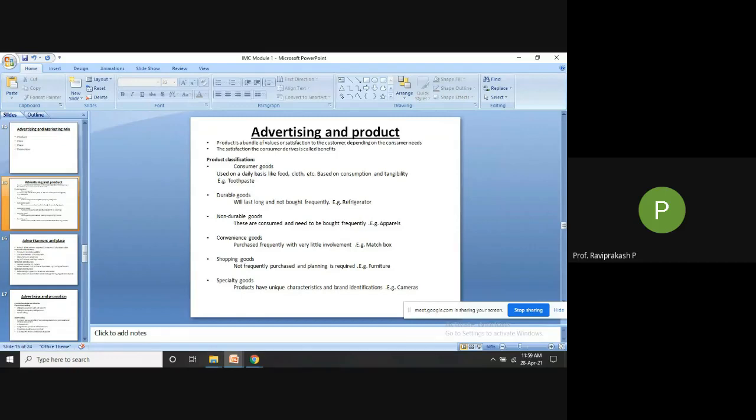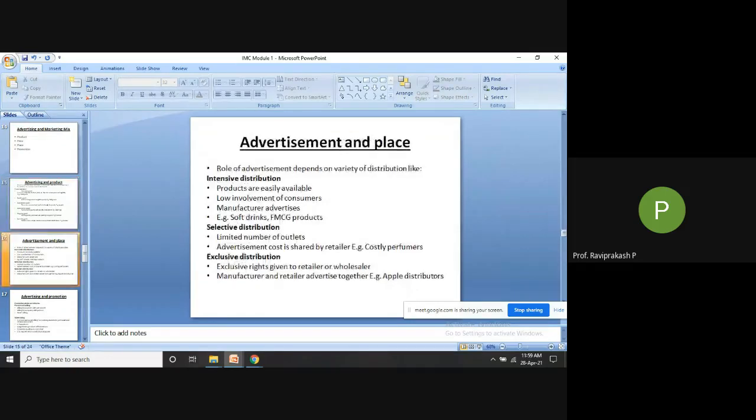Next is advertisement and place. So first product is done, now we are having place. The role of advertisement depends on the variety of distribution, like intensive distribution, selective distribution, and exclusive distribution. Under intensive distribution, products are easily available everywhere, wherever you go. In the sense, in every place I am talking, not in every store.